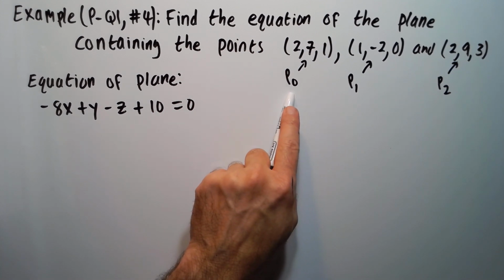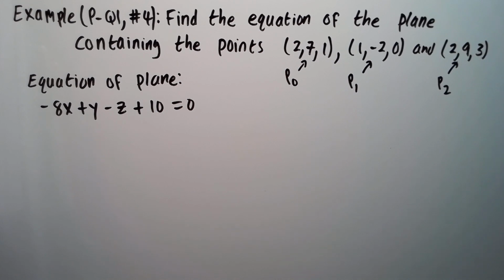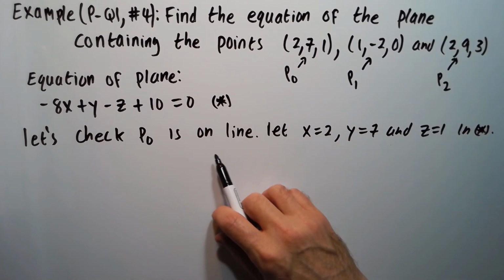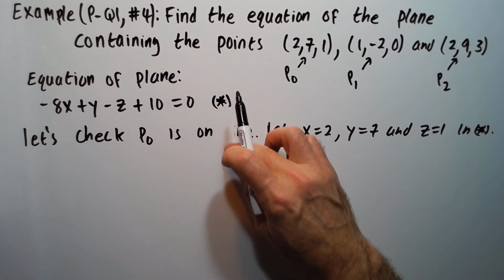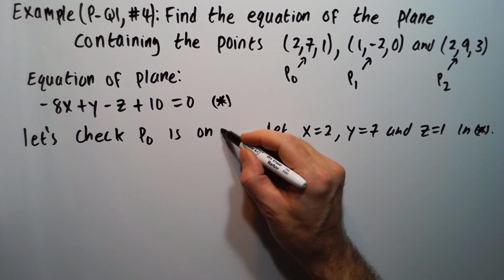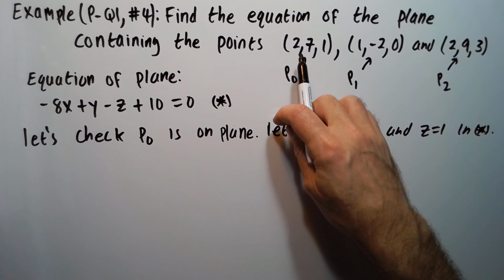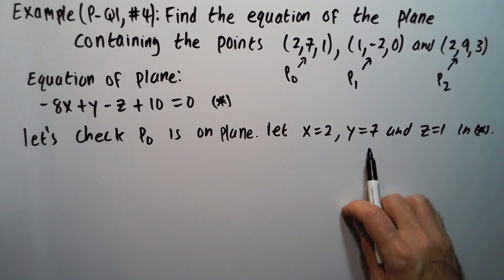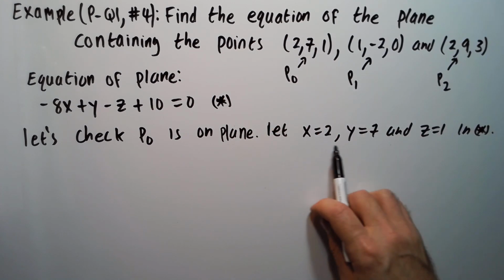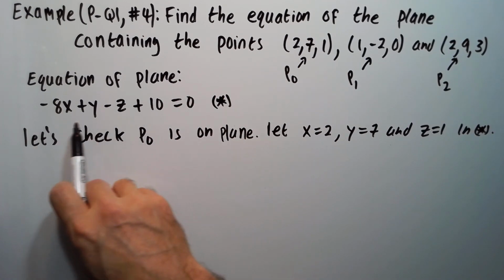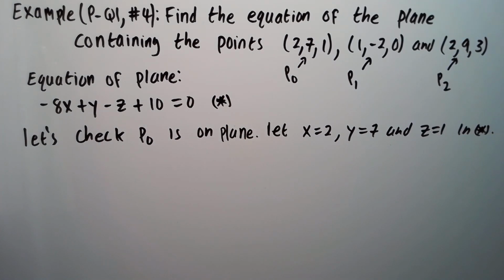Let's check P0. P0 has x is 2, y is 7, and z is 1. We're going to plug those into our equation of the plane, and it should make this equation true.